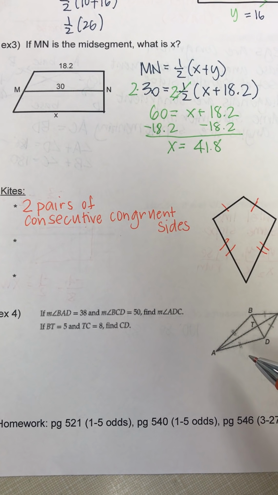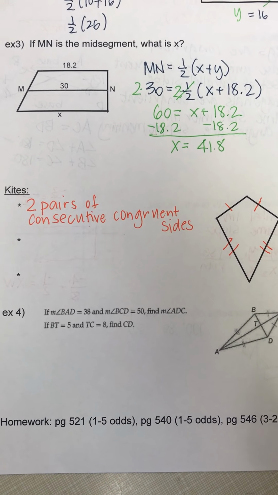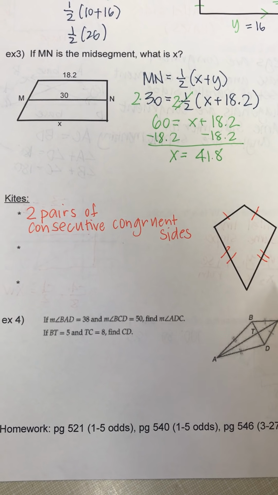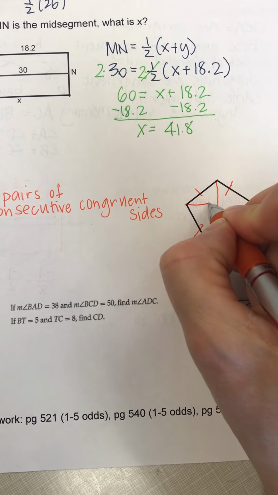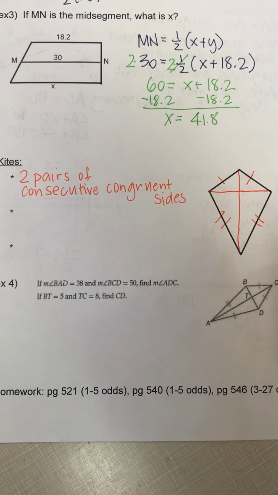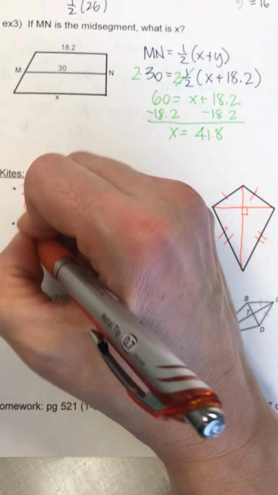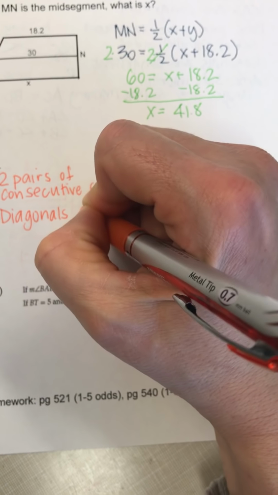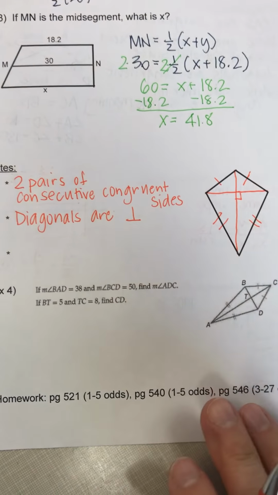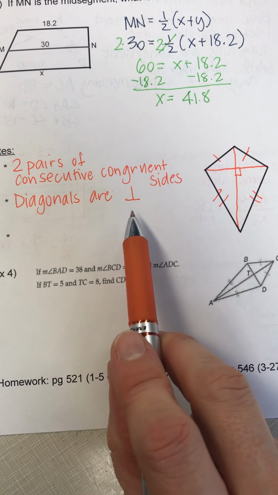Now, think about a kite you flew when you were a kid. There are always these sticks put down the middle. Those are diagonals. And if you're flying a kite, you want your diagonals to be perpendicular. If you need to write perpendicular out, you can.